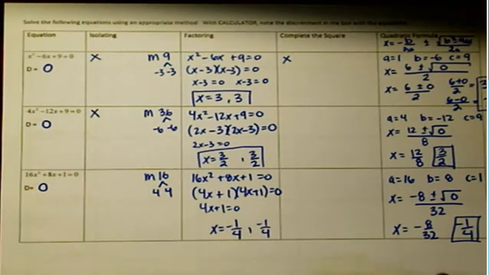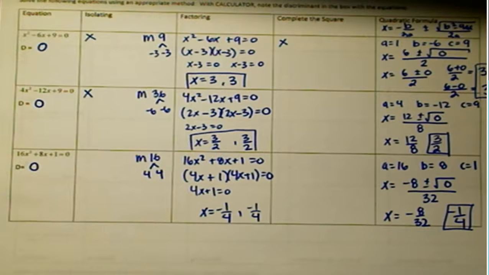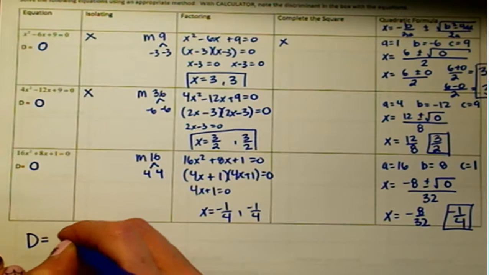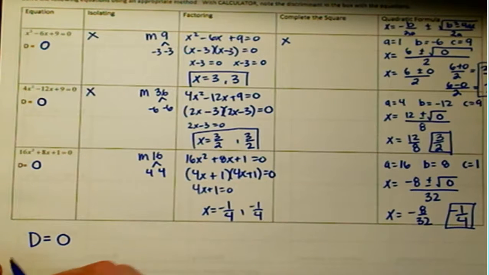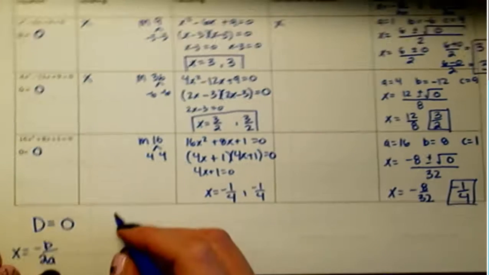Okay, now time for the conclusion, right? This is the part that is a little more than Algebra 1. So on this particular page, we got a discriminant of 0. Now, I'm going to just write down the quadratic formula here just so that I have it intact.